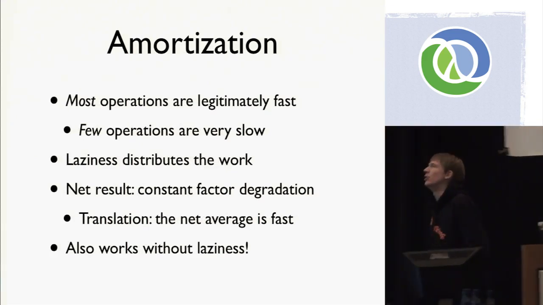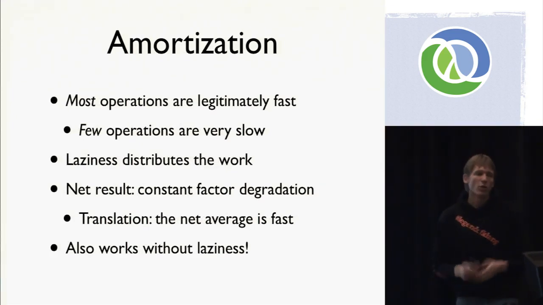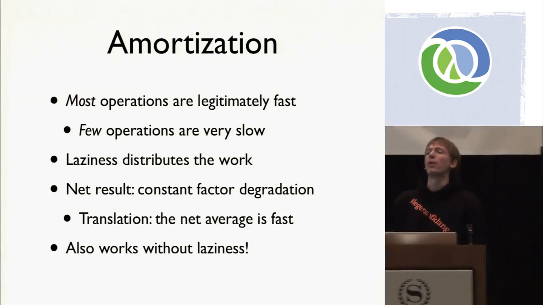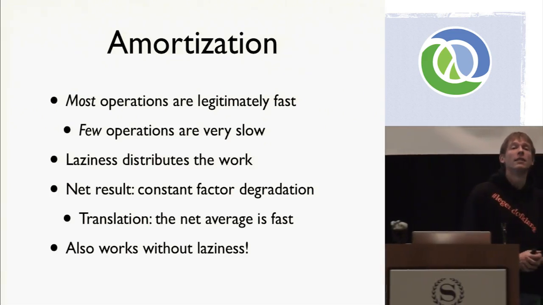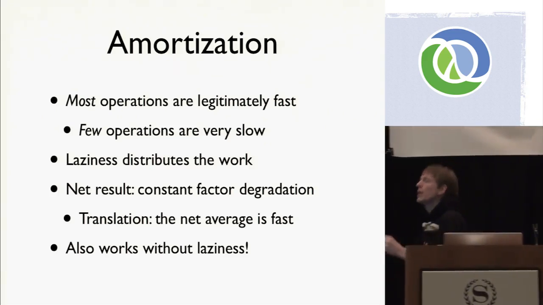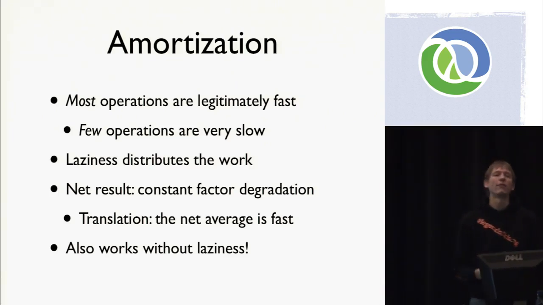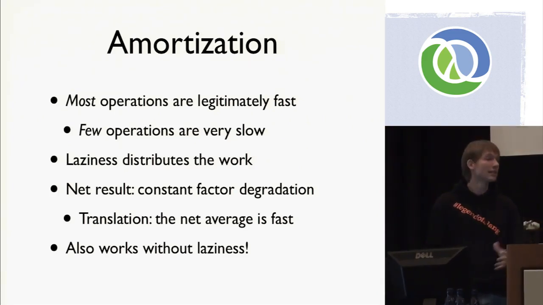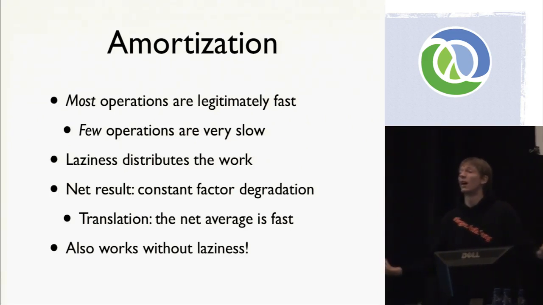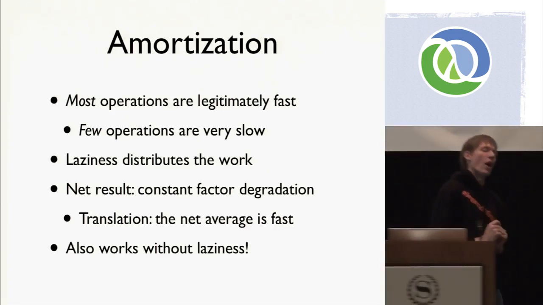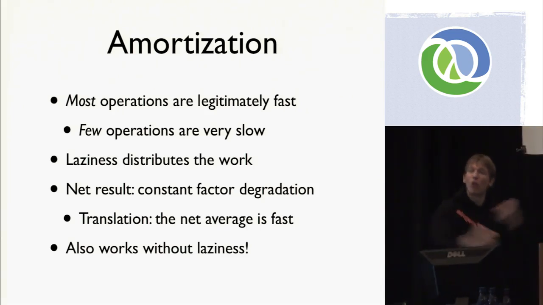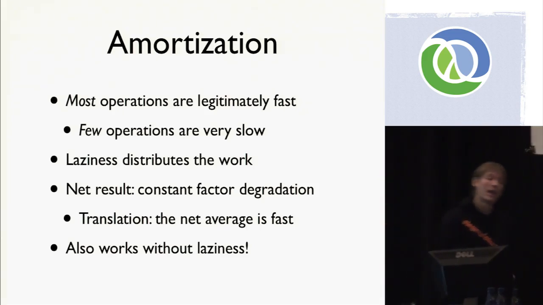So whenever you want to claim amortization, you have to make the following argument. Most of the time, when you perform an operation, it is legitimately fast. Most of the time, when we dequeue, when we remove something from that front list, it is legitimately constant time. Removing the head of the list, that's constant time with no tricks at all. Some of the time, though, we have to do something that's a little bit more expensive. Some of the time, we have to do this whole reverse and concatenate jazz.